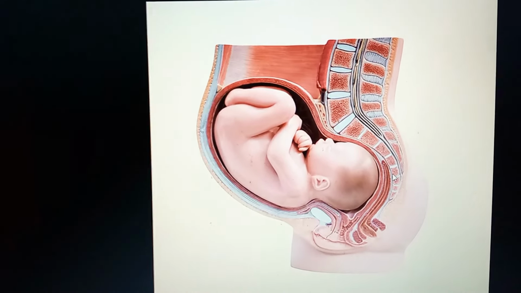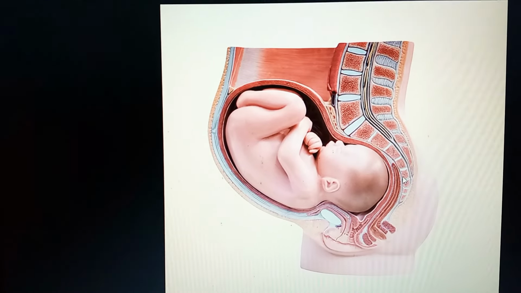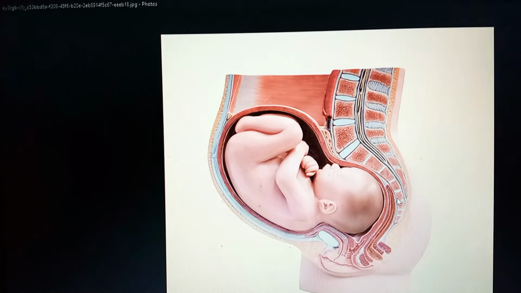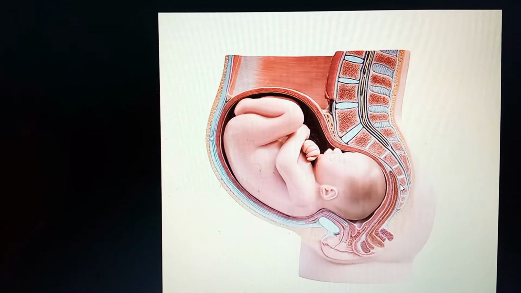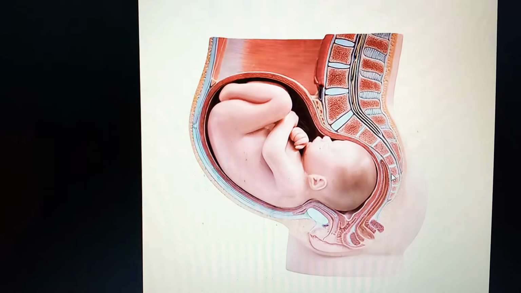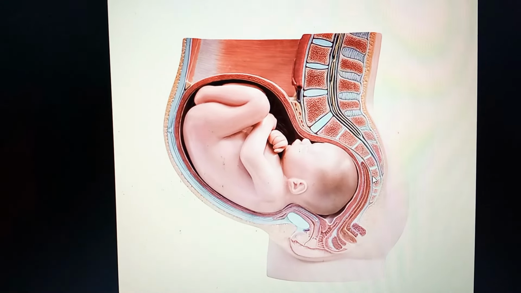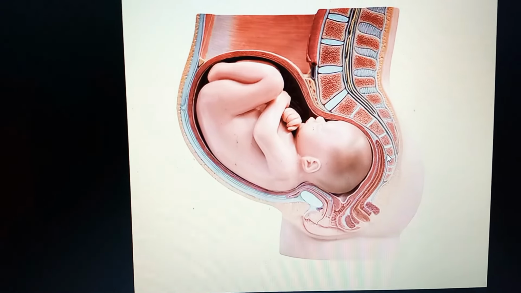There can be VVF and RVF, like vesicovaginal fistula and rectovaginal fistula, because the fetal head which has stayed in that position has compressed the maternal tissue, which has caused ischemia, which has led to necrosis. The end result will be VVF or rectovaginal fistula.